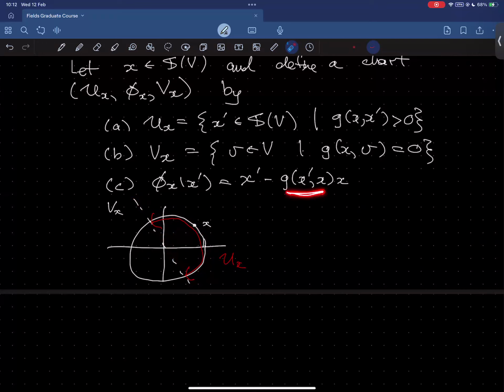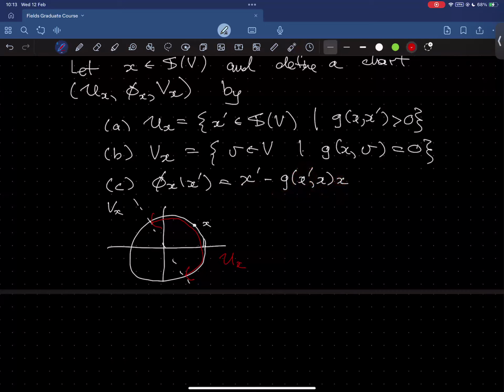This is the inner product of X and X prime. And the way to think about the inner product of X and X prime is it's measuring the extent to which X prime points in the direction of X. So for example, if X prime is equal to X, then this is equal to 1. And if X prime is orthogonal to X, then this is equal to 0. And so what you're doing is you're taking X prime and you're subtracting away the part of X prime that points in the X direction.